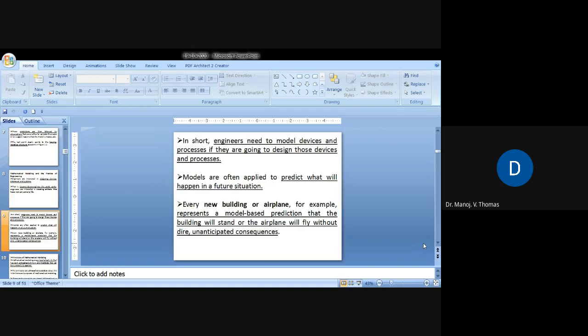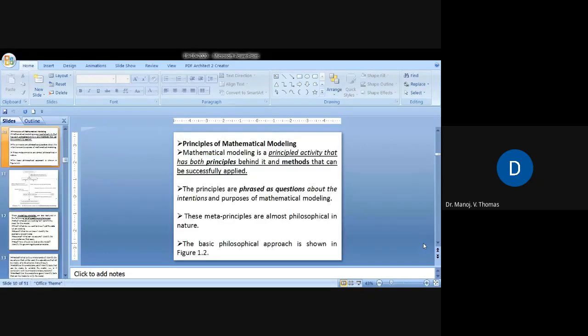So there is a model, and based on the model we can say this building will last for some years, and it will survive untoward incidents and natural calamities.